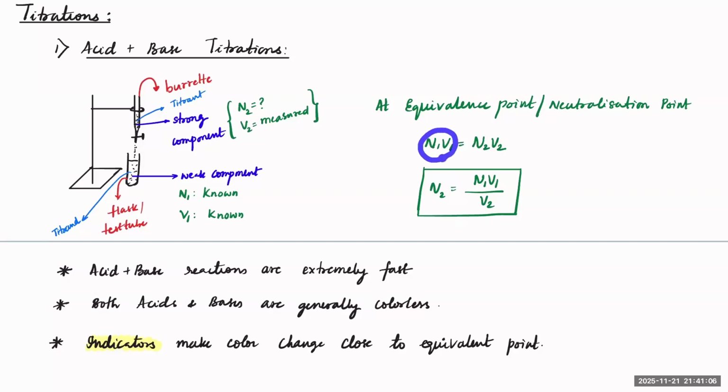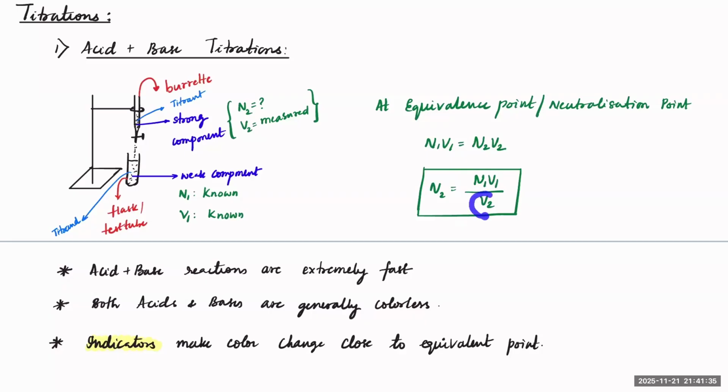So if N1 V1 are the equivalents of this known component, and N2 V2 are the equivalents of the unknown one, and these two are equal, that is called the neutralization point or equivalence point. Using the equivalence point, you can figure out the unknown concentration. This is the main setup that we use in titration.